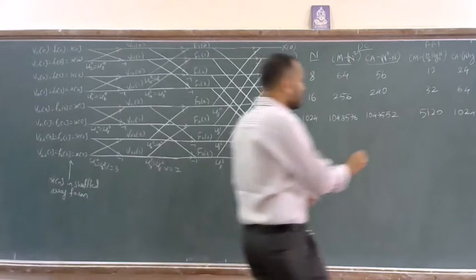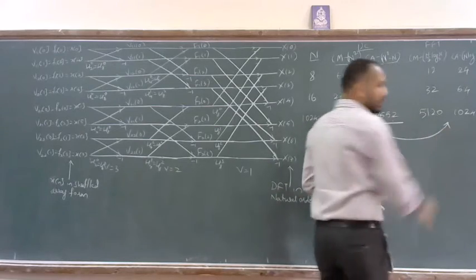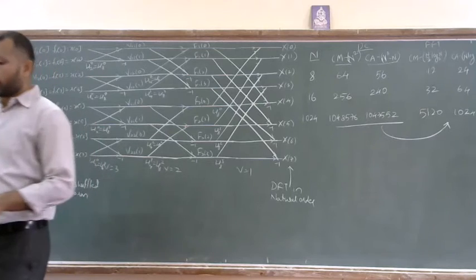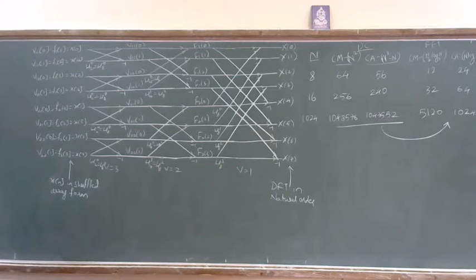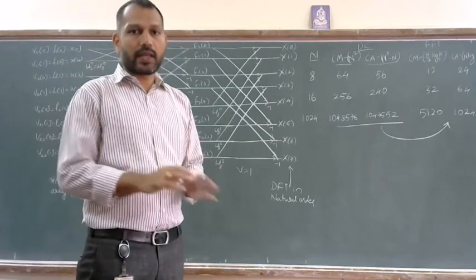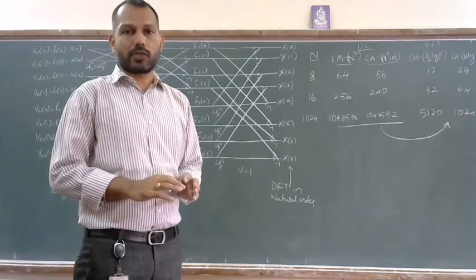Compared to these two values, these are very less. So this is why by using the FFT algorithm, we can implement the computation of DFT in computer systems in real time. Else it was not possible.